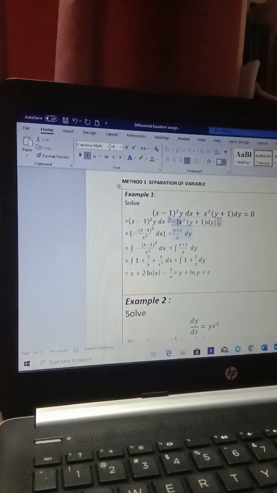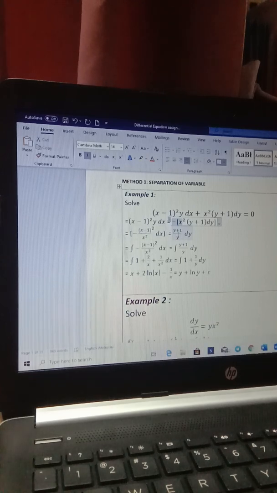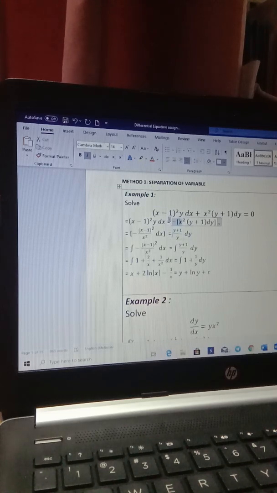To make it easier, we bring the y and x squared to the side which is the same as them, like (x minus 1) squared over x squared, because we want to integrate it with dx, and also for the other side, (y plus 1) over y.